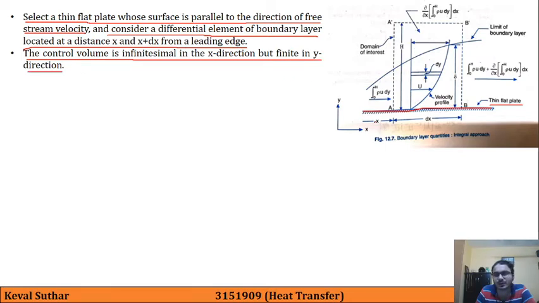This dimension dx is infinitesimal or very small, however the dimension capital H is finite, so it is comparatively much larger than dx. That is the unique thing about this control volume.